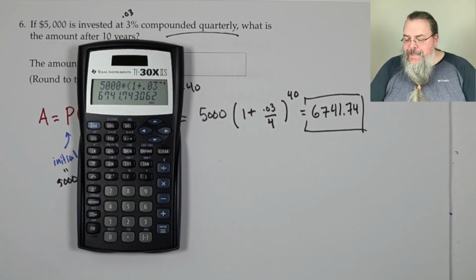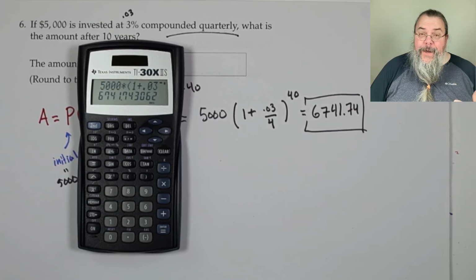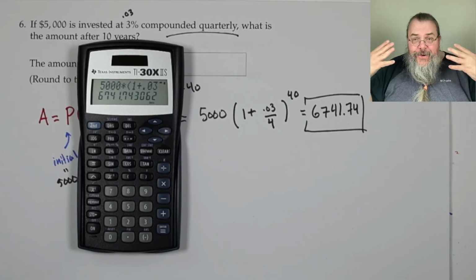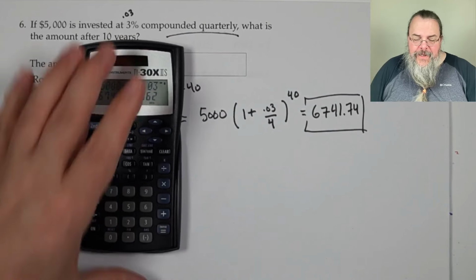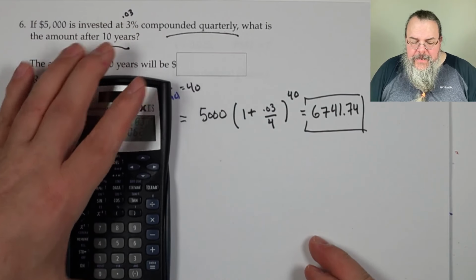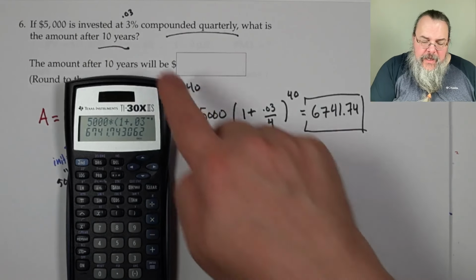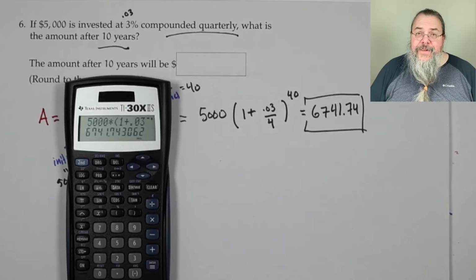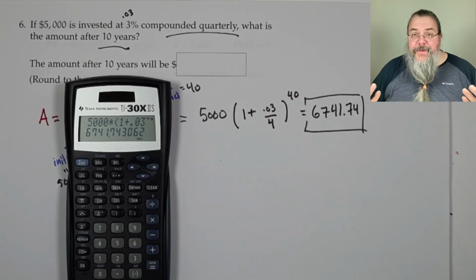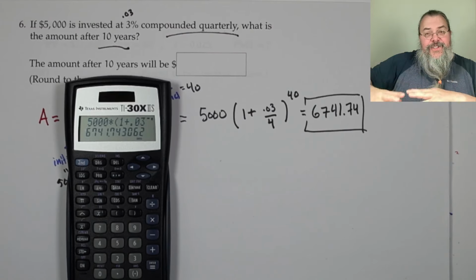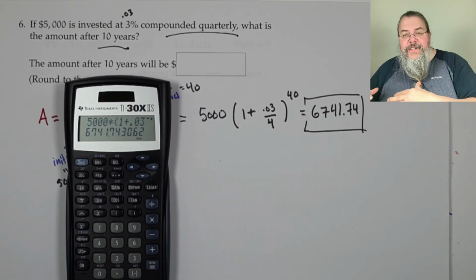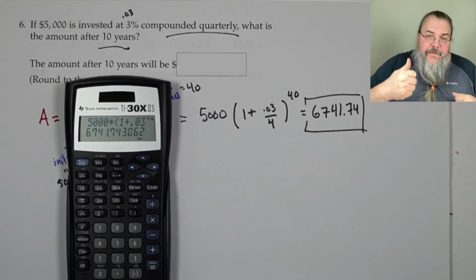Okay. Now, for these types of questions, you should always ask yourself, is this reasonable? Well, good question. If we take 3% of 5,000, what do we get? $150. So even if we didn't have any compound interest, right, interest on interest, 3% in 1 year is 150.